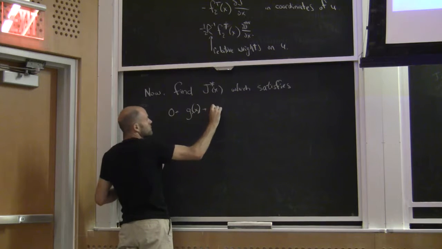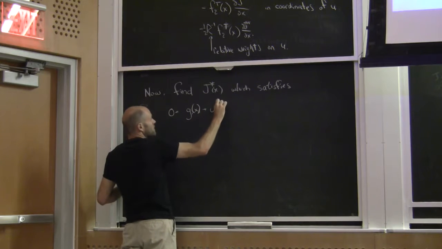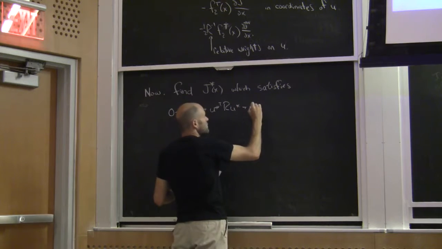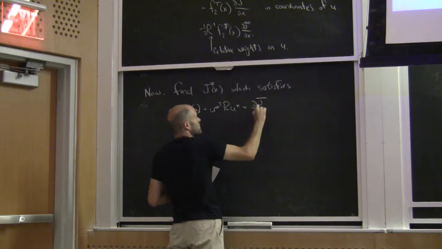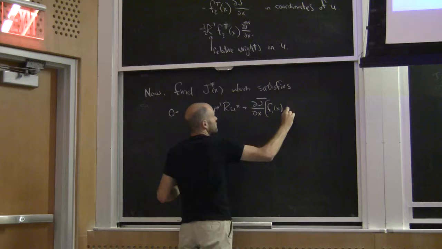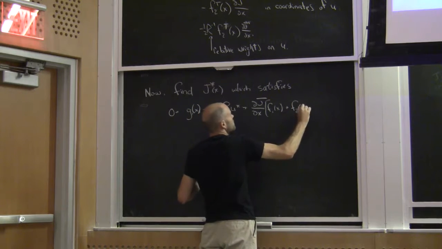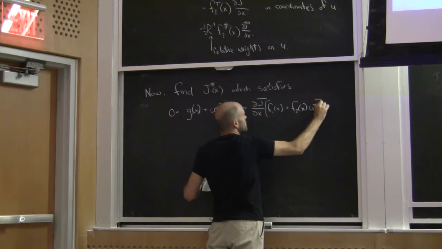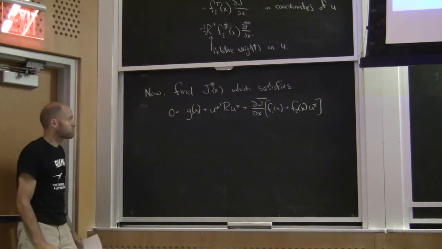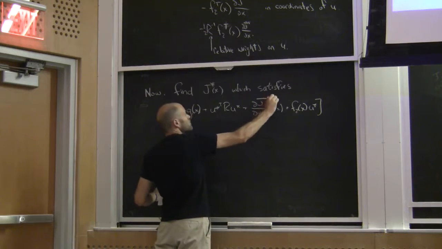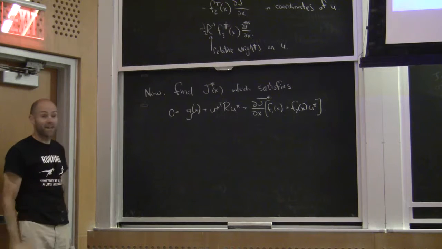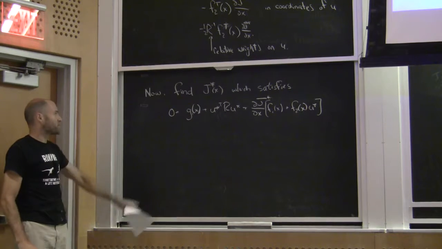I'll write it like this. U star transpose R U star plus... okay, now that's far from easy, but it's better.